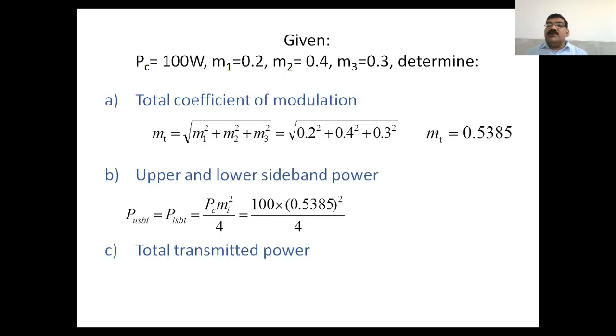I got 2-3 answers for the sideband power, but all are different. This is a simple calculation, so can you do it? What is the sideband power? 7.25. If you take up to 4 digits, you will get exactly 7.25. 7.249 is also okay, but 7.2498 something you get, so you can write it as 7.25.